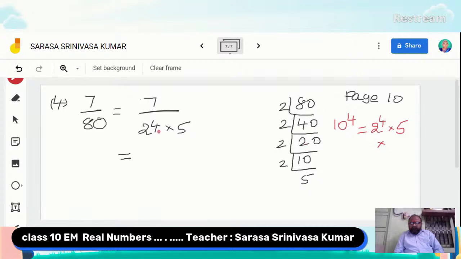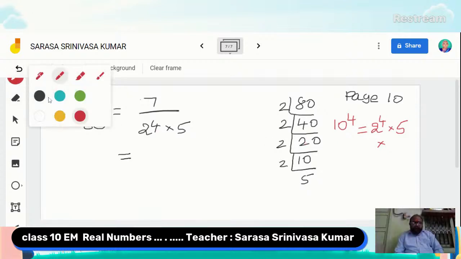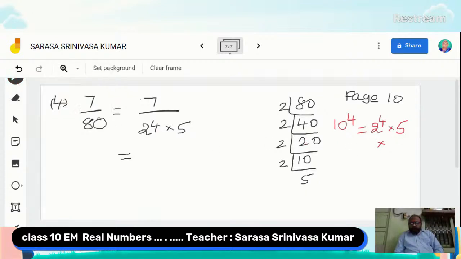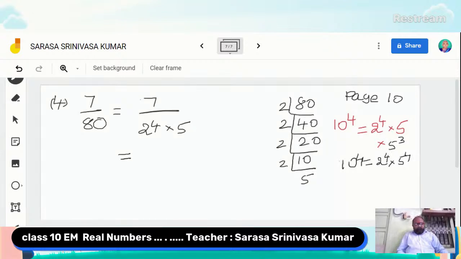It should be multiplied by 5 power 3. Then only you get the form 2 power 4 multiplied by 5 power 4, that is 10 power 4. To get the form 10 power 4 in the denominator, we have already 2 power 4 multiplied by 5 in the denominator.